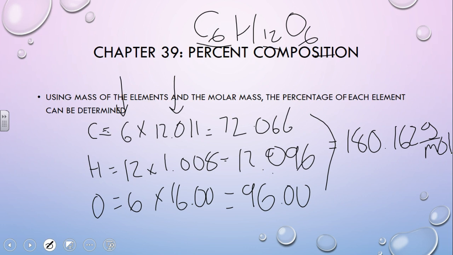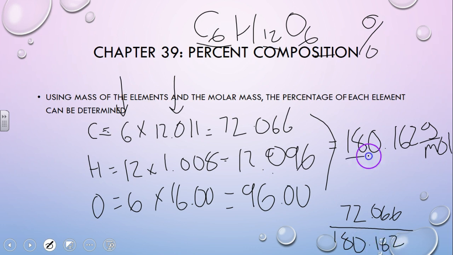Now, if we're trying to find the percentage of each, it's really finding a percentage just like we would in normal everyday life. Let's say we wanted to find the percent carbon. In this sample, in sugar, we have 72.066. That's how much of it is carbon. And then we put that over the total, 180.162.